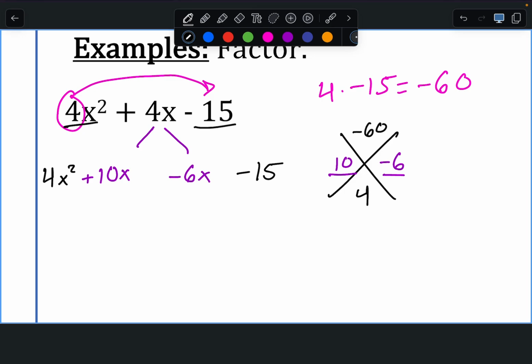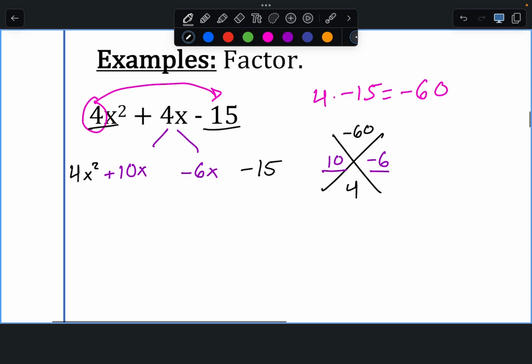So I kept my first and my last the same. And as you see, within my purple 2 terms, do these 2 combine to get 4x? Yeah, so this is what we call splitting the middle. I'm splitting the 4x into the 2 factors, that 10 and that negative 6.